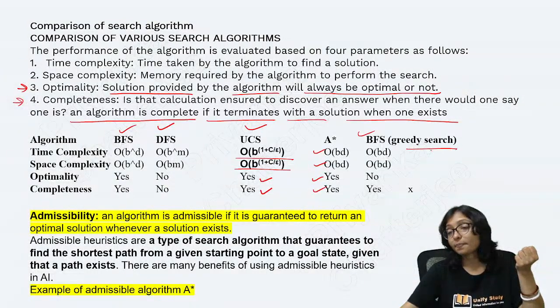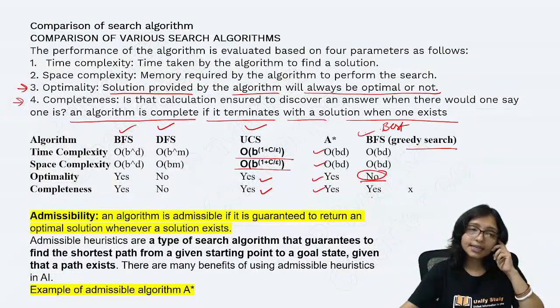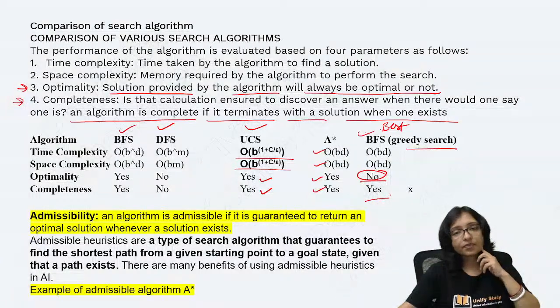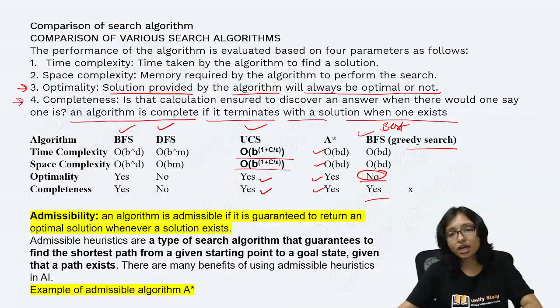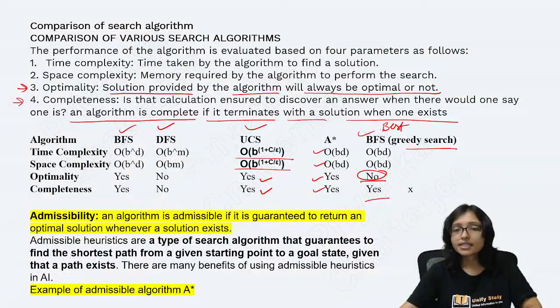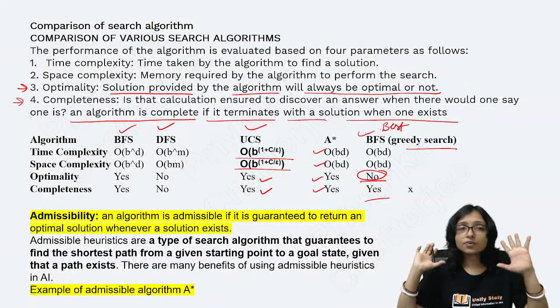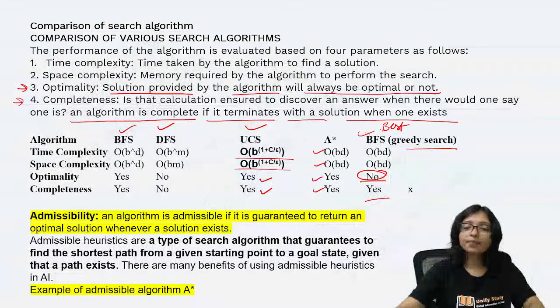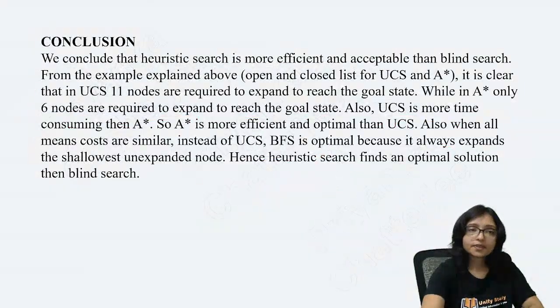BFS, greedy: this BFS means best first search, not breadth first search. Optimality: no, not optimal. And completeness: yes. Okay? Clear? I hope today's class will help you go in depth of the algorithms.